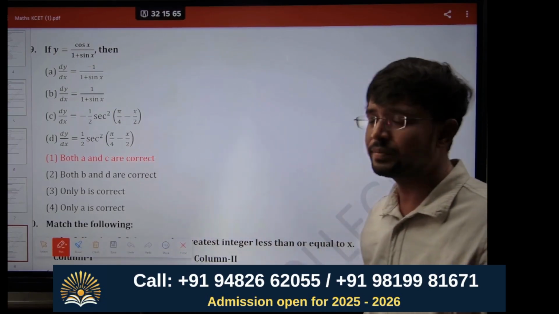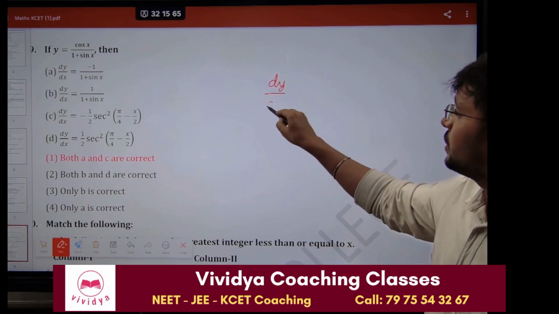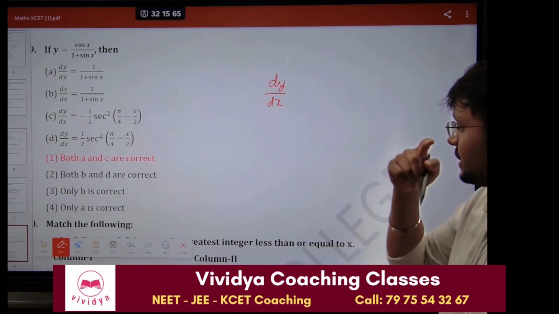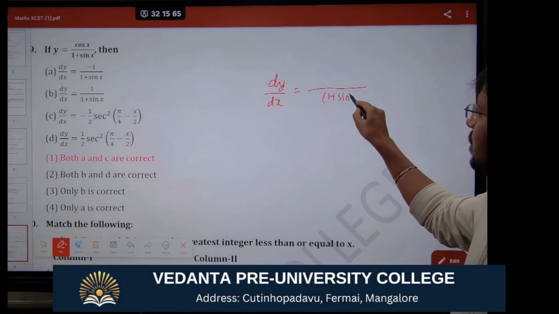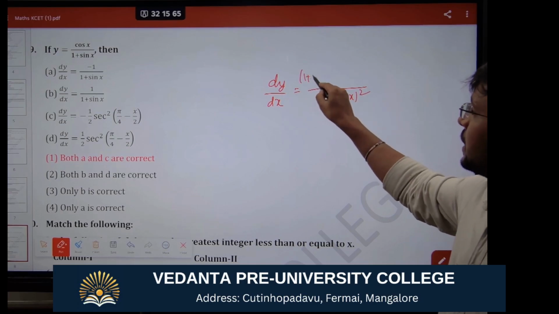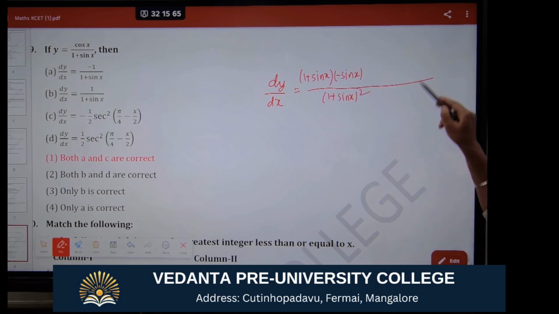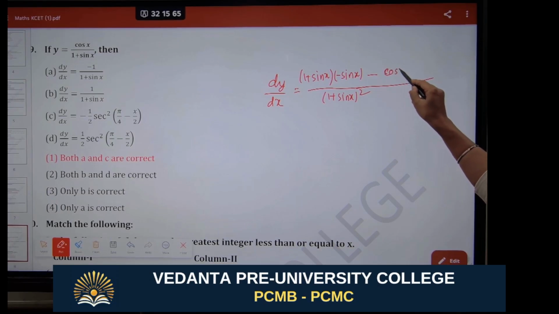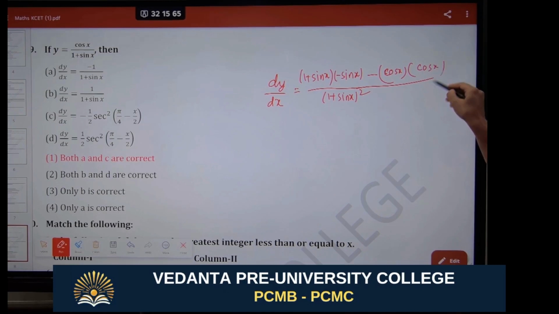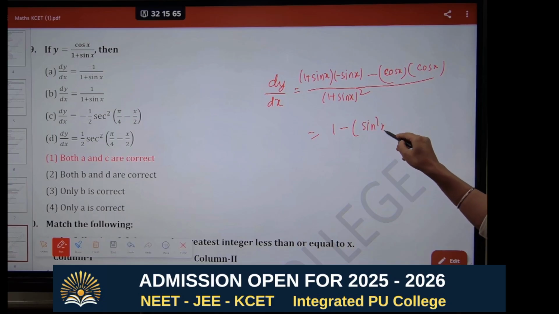Now say this. What is given, you have to differentiate, find dy by dx. What will be dy by dx? Using the quotient rule: the denominator whole square, keep the denominator as it is, differentiate the numerator. Now keep the minus, keep the numerator as it is, differentiate the denominator. If you differentiate the denominator, it will be cos x. Now if I am going to simplify, this is sine square x plus cos square x.